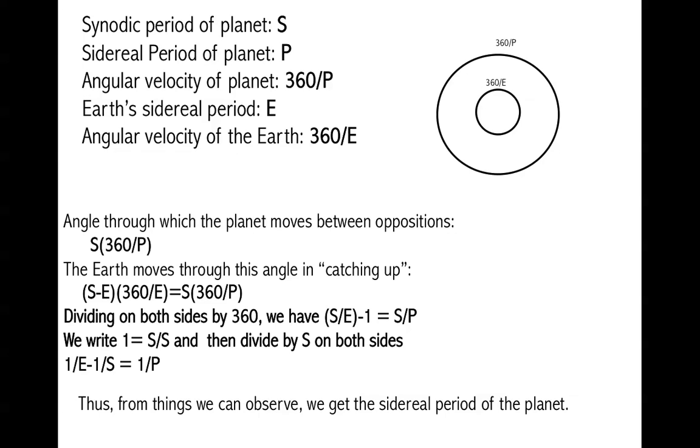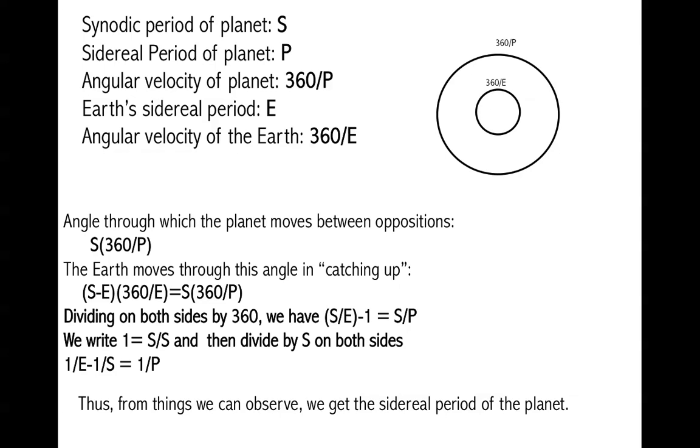If we divide both sides by 360, we have S over E minus 1 is S over P. We can then use a trick which most of you know, which is we can write 1 as the same thing over itself, S over S. And then we can divide on both sides of the equation, and we have 1 over E minus 1 over S is 1 over P.